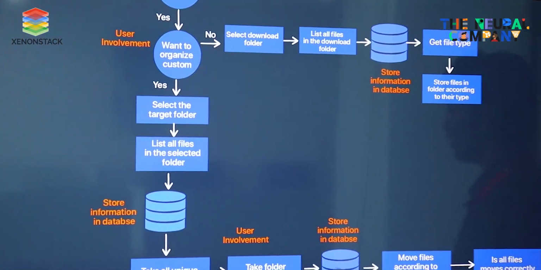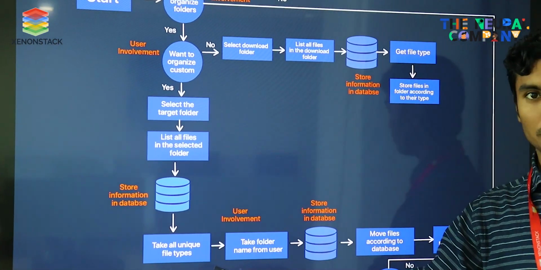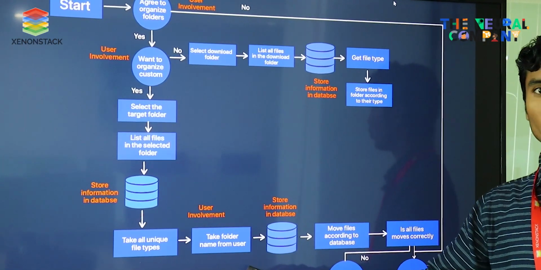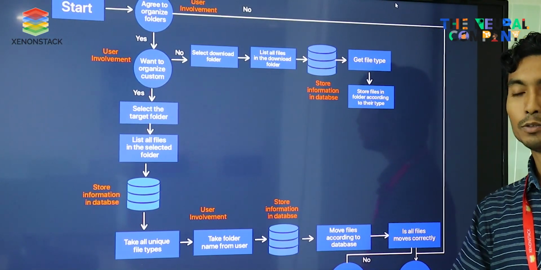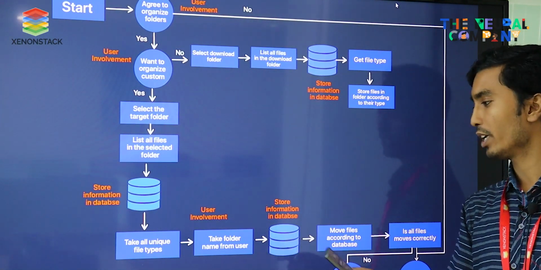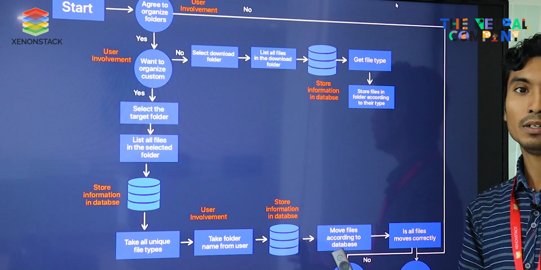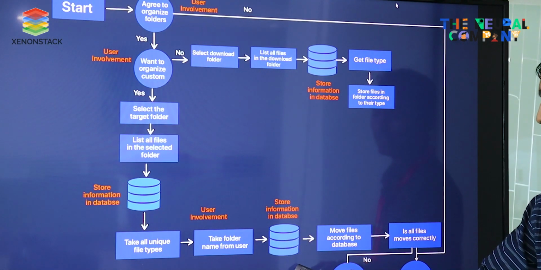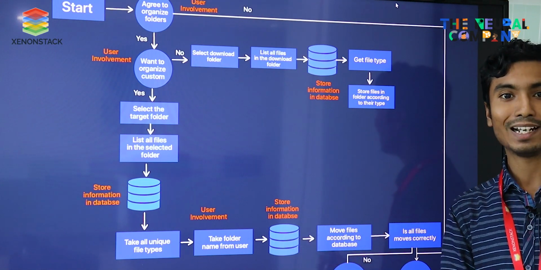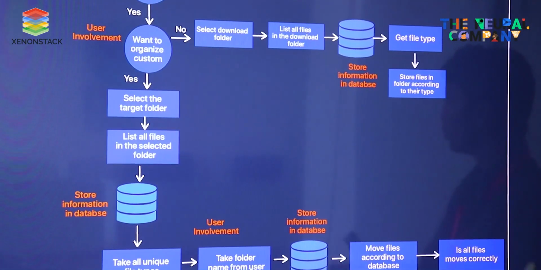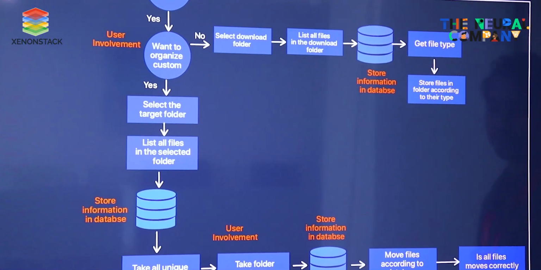After that, according to the unique file types, the bot will ask the user for a folder name. Once the user inserts the folder name, that information will be stored in the database and a mapping task will be performed. After that, according to the user-entered folder names, folders will be created and files will move to those folders.